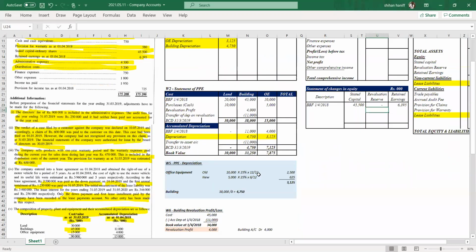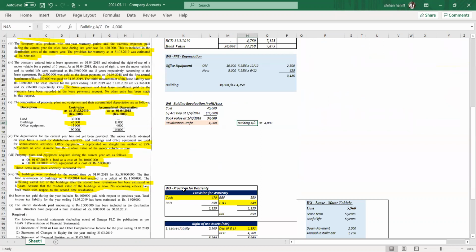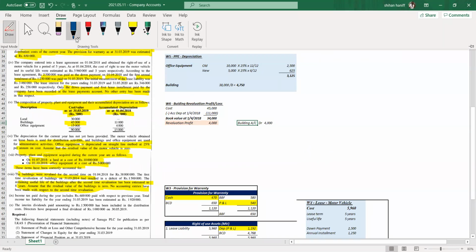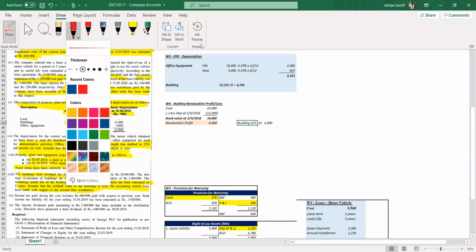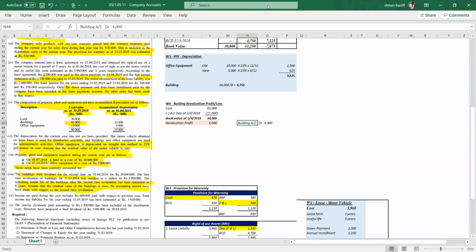Okay. Now, in the additional information, they have said according to the first revaluation, there is a deficit of 1,500.